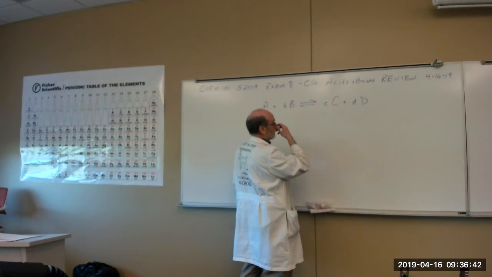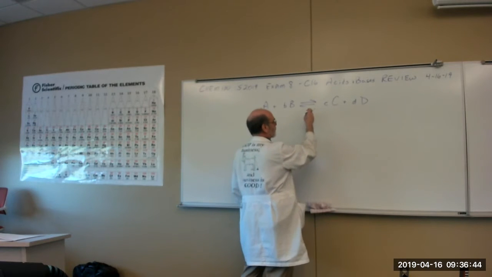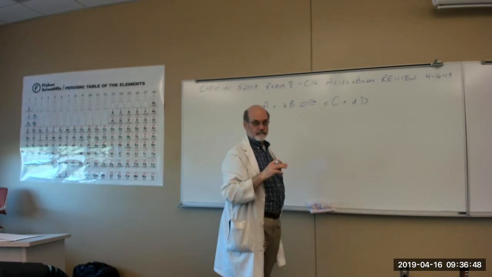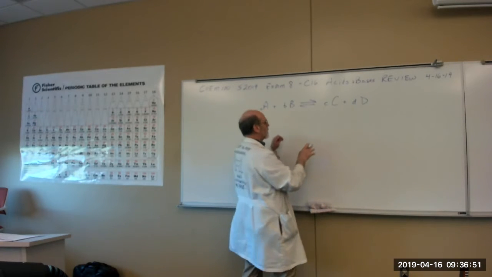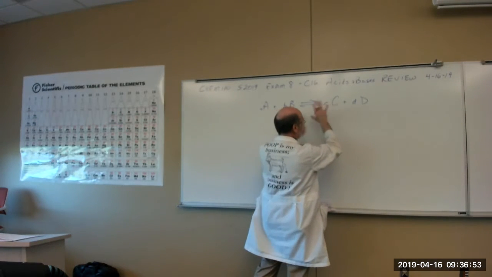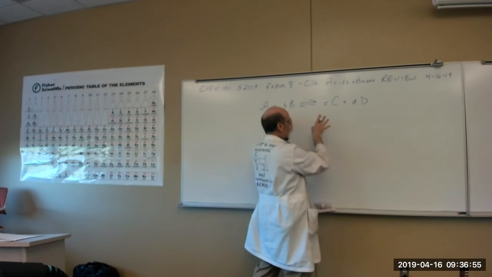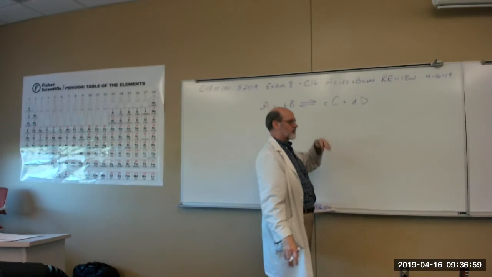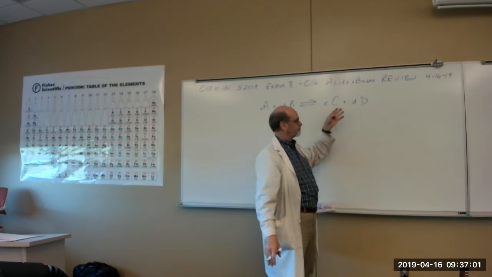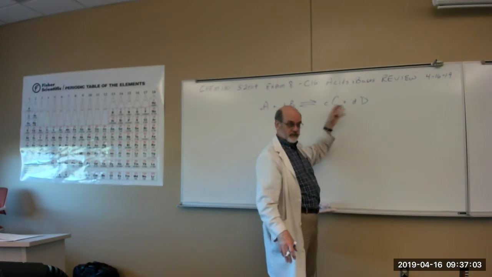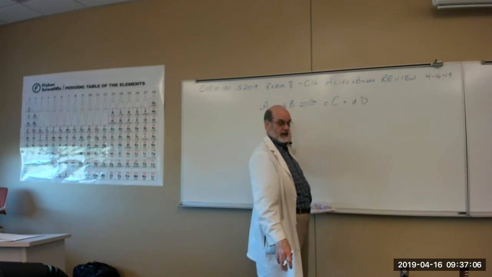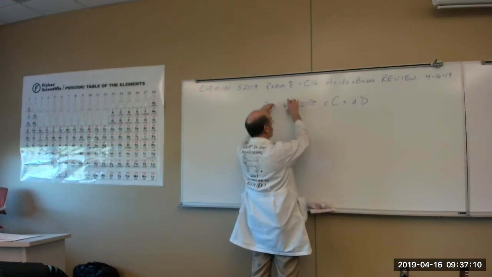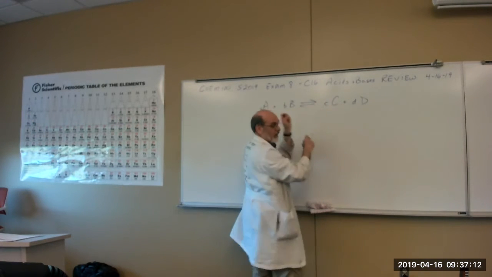And at equilibrium, the rate of each is balanced. That's why it appears that you've got so much here and so much here, and if you measure them now, measure them 10 minutes, and measure them 20 days from now, it appears as if there's the same amount of product and reactant. But actually underneath, the reactions are going like that and like that all the time.